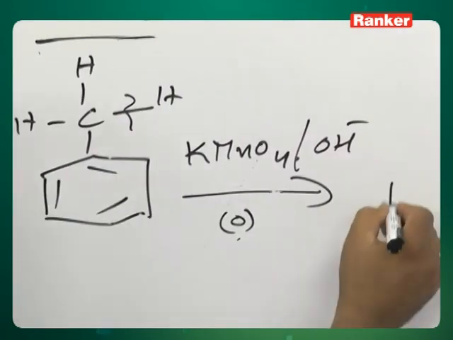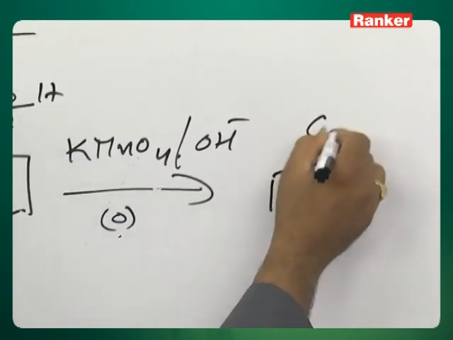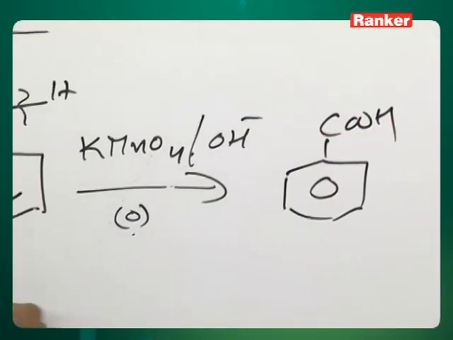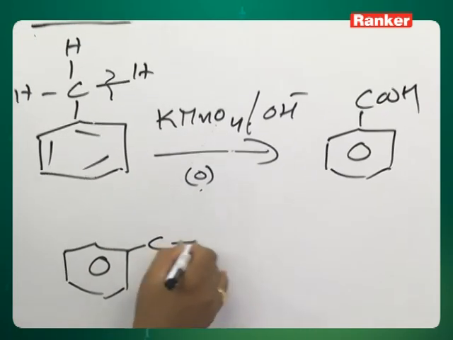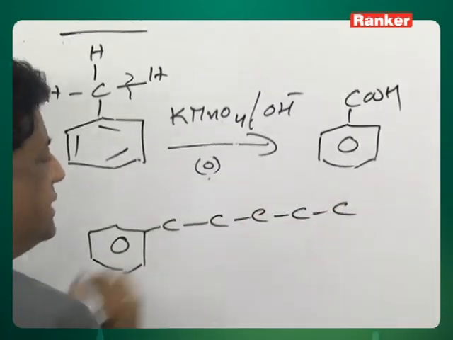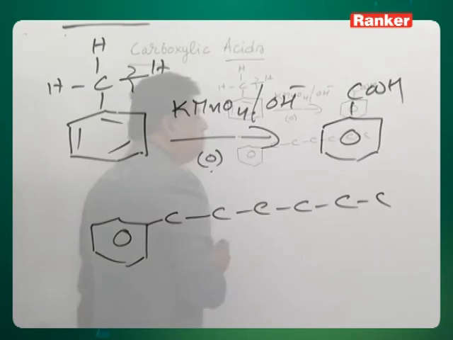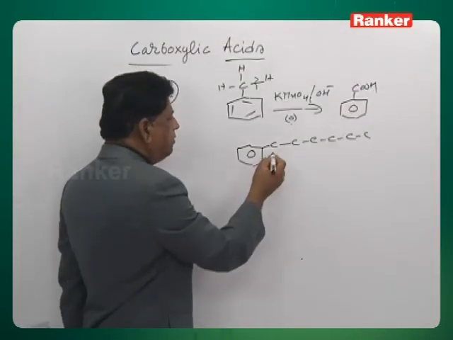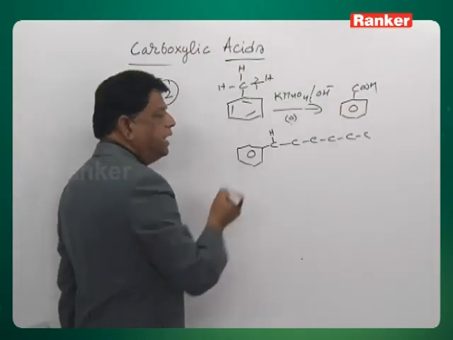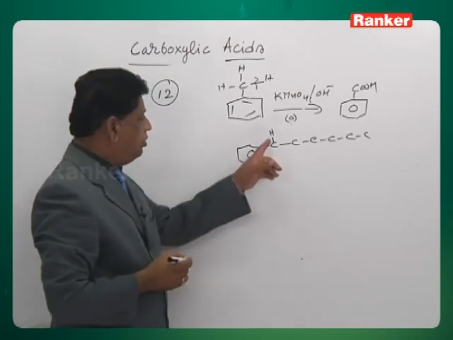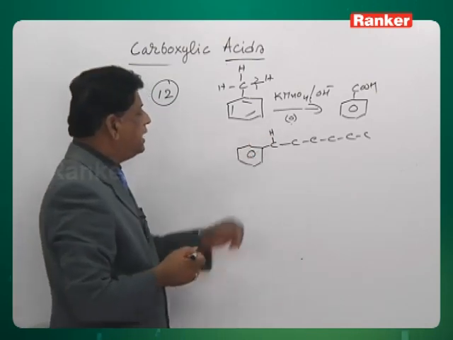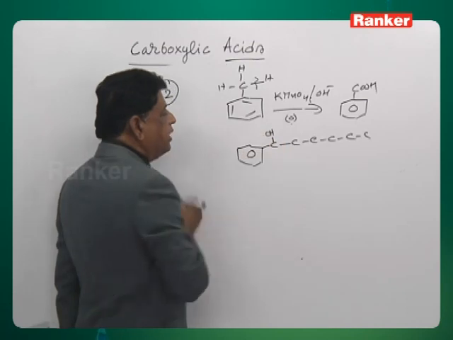So, toluene will become the acid, right? The next concept is if you have a long chain compound like this, let us say 6 carbons or 5 carbons, it is not all the carbons, but the first carbon holding the hydrogen which shows hyperconjugation that is responsible. Oxidation will make it hydroxy.